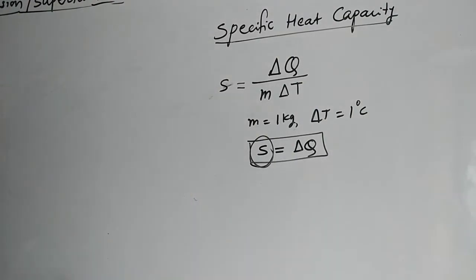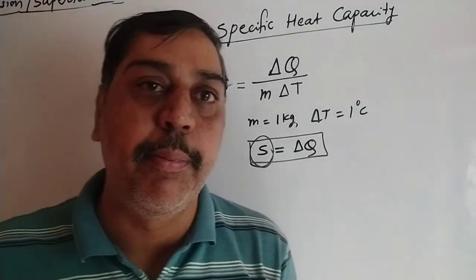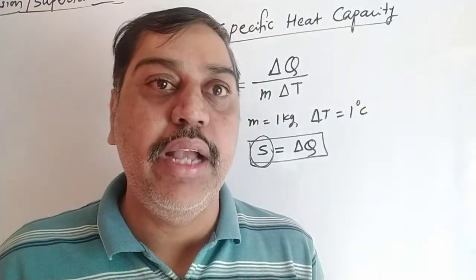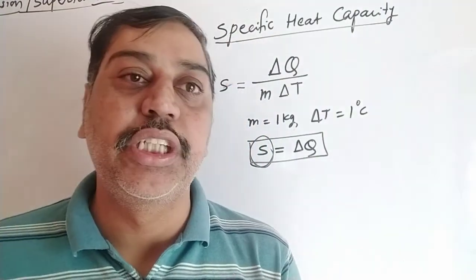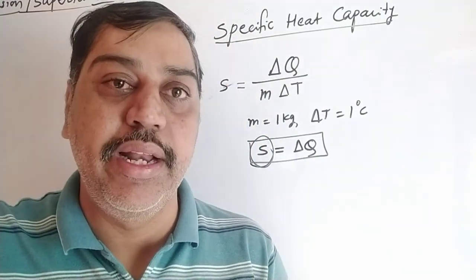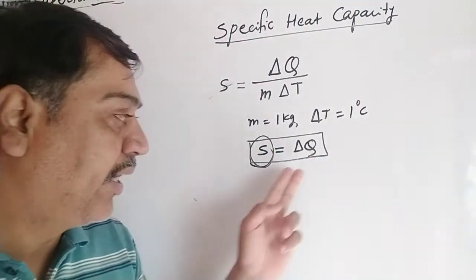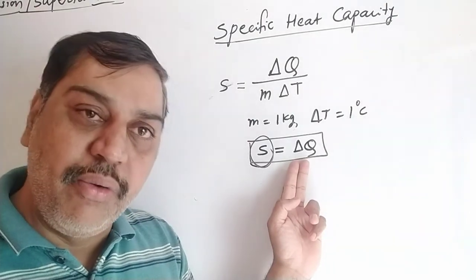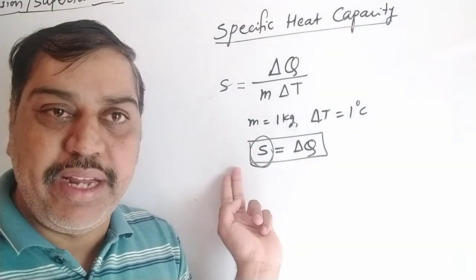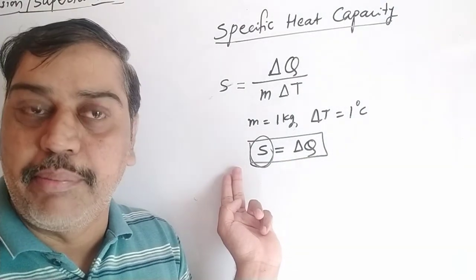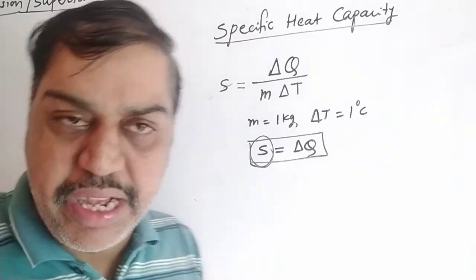Specific heat capacity means the amount of heat supplied to the material or taken out from a material to change the temperature of the material by 1 degree Celsius. That amount of heat given or taken out is said to be the specific heat capacity of that material. So I will read from the book.